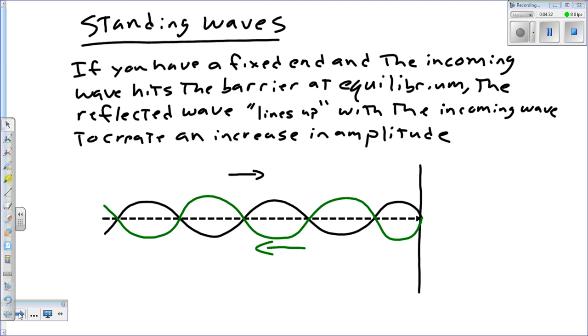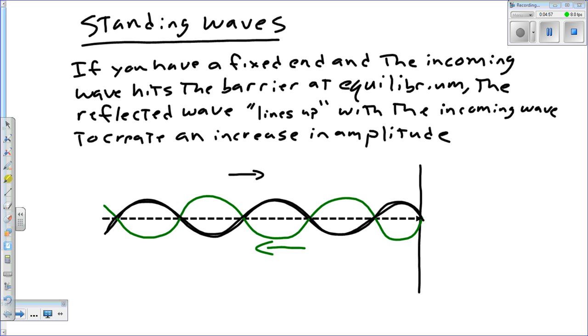Standing waves. If you have a fixed end and the incoming wave hits the barrier at equilibrium, the reflected wave lines up with the incoming wave to create an increase in amplitude. So if I have a wave coming in, oh, there's a barrier, and it hits right at equilibrium.